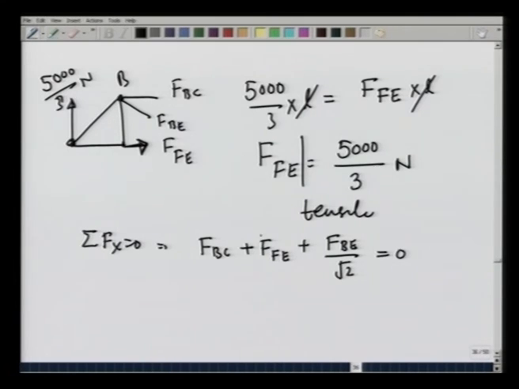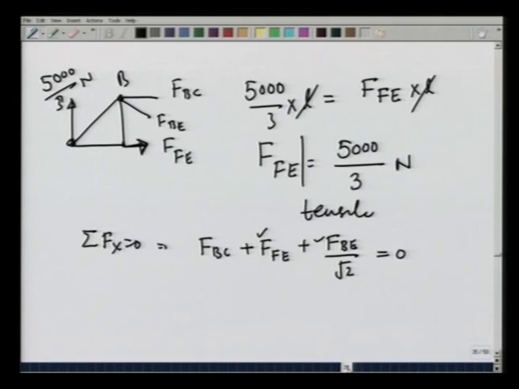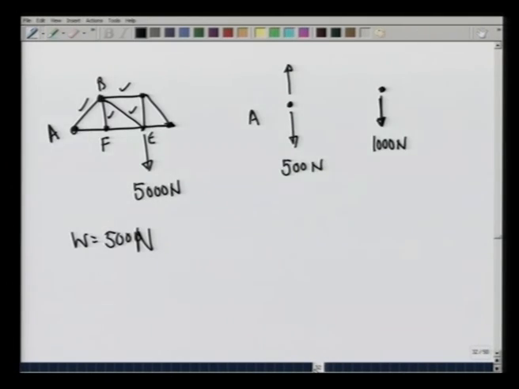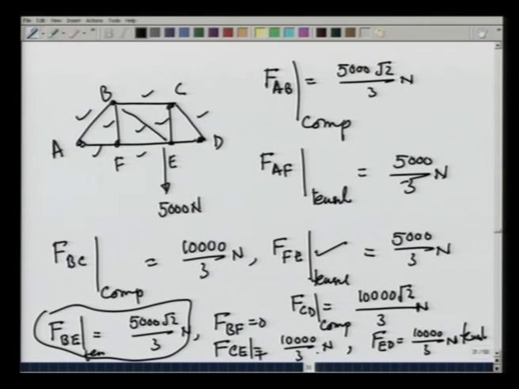We have already calculated FFE and FBE. FBE is equal to 5000 root 2 over 3, and that gives me FBC is equal to minus 10,000 over 3 newtons, and this is coming with a minus sign. Therefore, FBC is in the opposite direction and it is compressing the rod. So, FBC is 10,000 over 3 compressive force, which we had of course obtained earlier, as you can see. FBC was compressive 10,000 over 3 newtons.